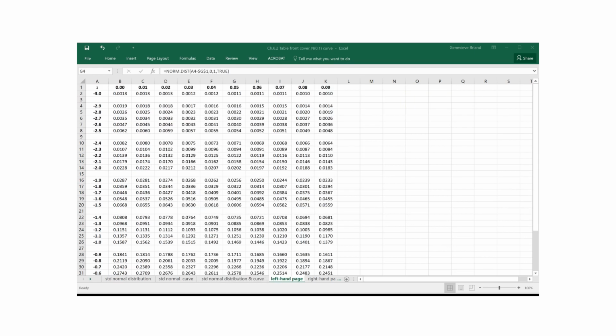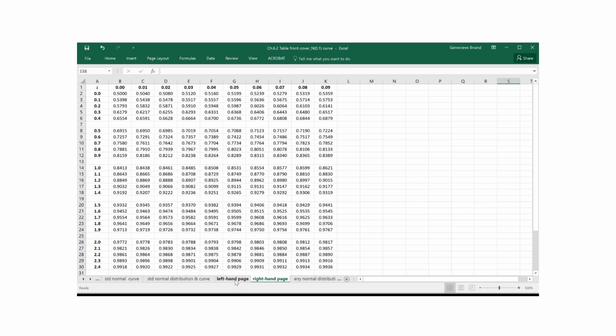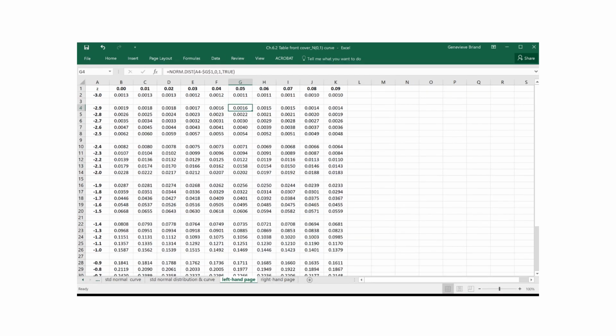Here we've reproduced the left-hand page and also over here the right-hand page of the standard normal distribution table found inside the front cover of our text. So similarly to what we had done before, reproducing tables 5.14 and 5.15. So back to the left-hand page, I have an image of it here in my PowerPoint for the purpose of this presentation.